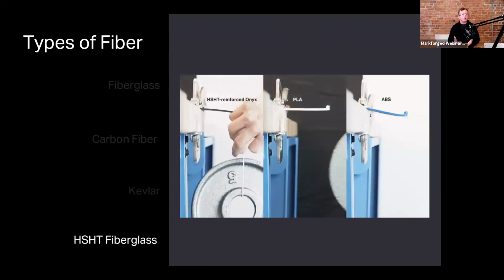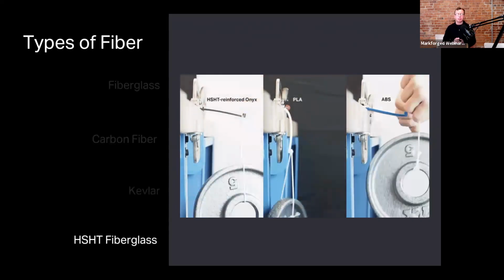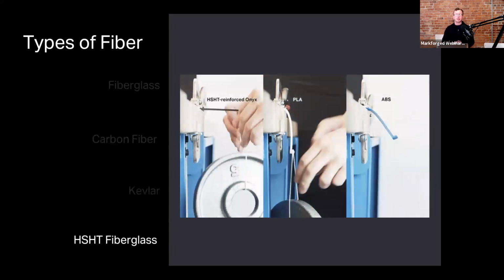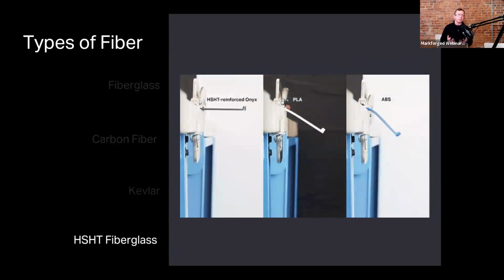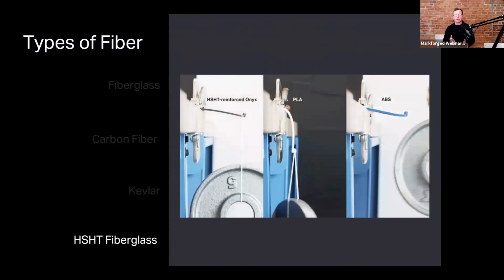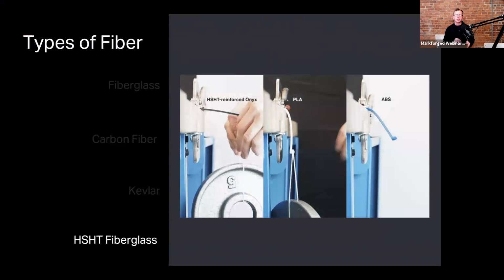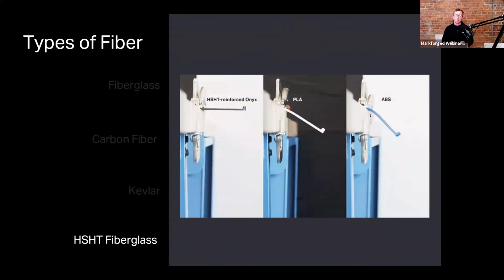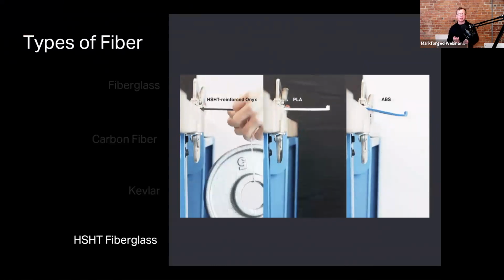The last material we're going to talk about is quite unique to Markforged, and that's high strength, high temperature fiberglass, or HSHT for short. Before this video that you see here was shot, each of these beams were heated in an oven to 140 degrees Celsius, or about 285 degrees Fahrenheit.